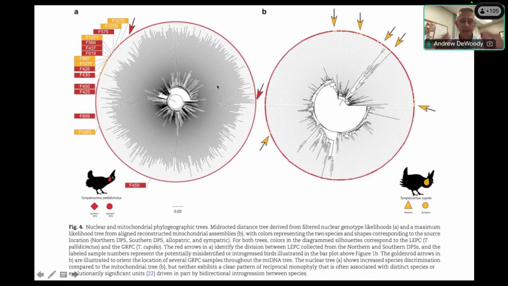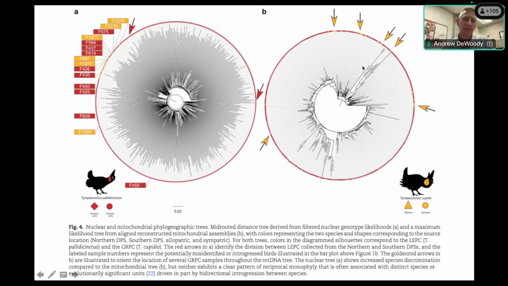And when we look at delineation in the context of prairie chicken phylogenetic trees, both the nuclear tree and the mitochondrial tree, what we see is that there is no consistent delineation like we saw of the whole blue branch on the tree in the pupfish. There's nothing like that here. And both species are scattered all the way around, even though it's hard to see because there's so many data points on here.